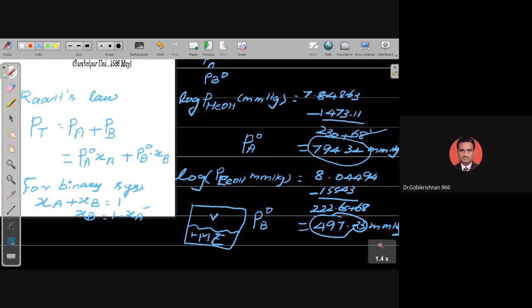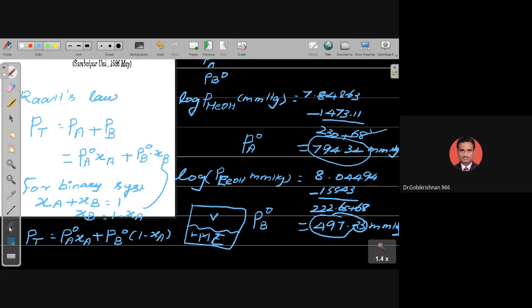This I am going to substitute here. After substitution I will get PT equal to PA0 XA plus PB0 into 1 minus XA. That's all. I can write like this.